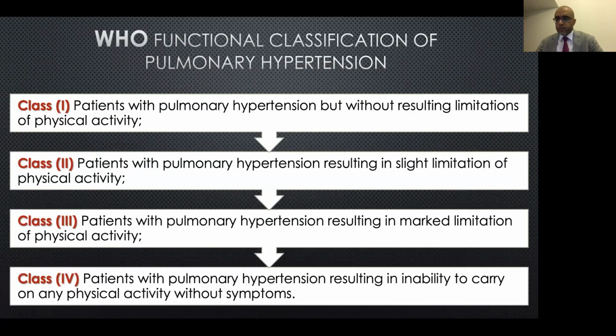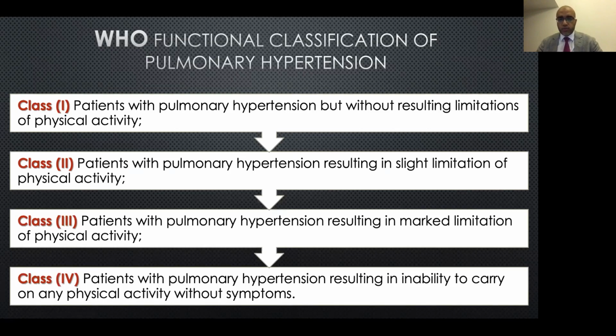As I said, for the second part of the classification system, we need grading for our underlying pathology to define what is happening and the progression of the disease in our patients. So WHO again has a functional classification for pulmonary hypertension regarding the ability of the patient to function in daily activity.